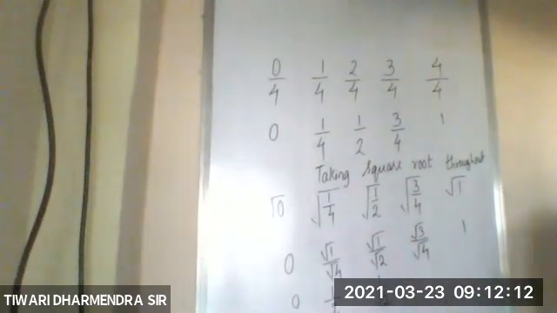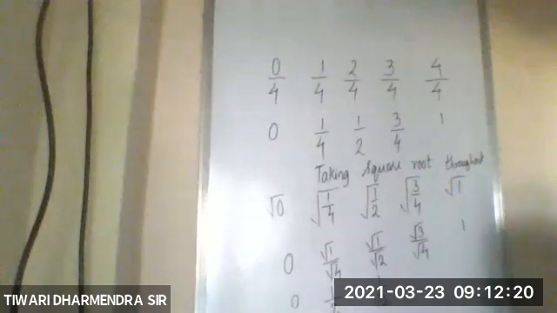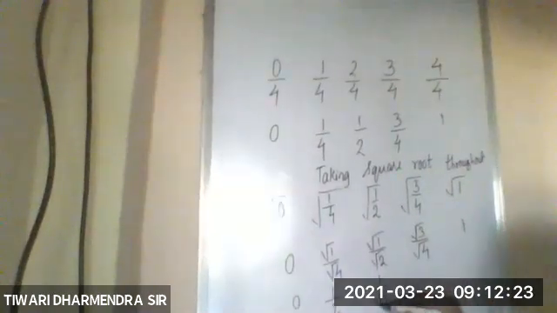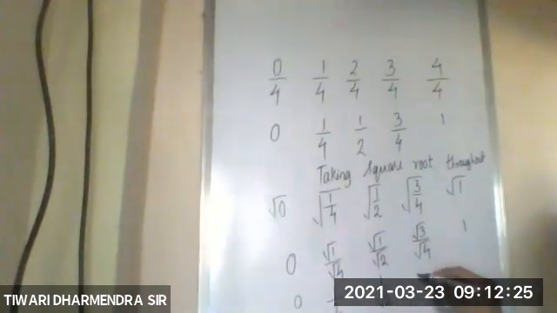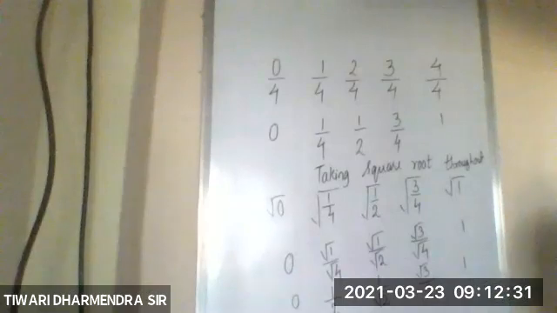No need to convert that as we don't know the exact value right now. But as you will proceed to your higher classes, you will get its value as 1.414. But leave it right now. We'll be taking it as square root of 2. Square root of 3 upon square root of 4 is 2. And 1 is as it is. Okay. So we came to know how we have got these values.